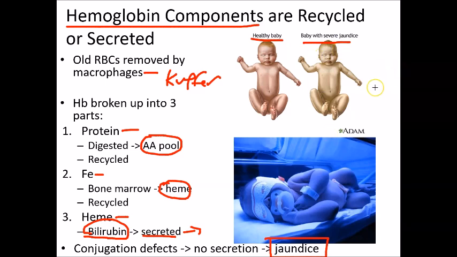You see jaundice very, very commonly in babies, especially firstborn premature male infants. And it's because they don't have a fully functional liver yet, so the liver that normally processes the bilirubin for secretion doesn't work very well, so the bilirubin builds up in the blood.